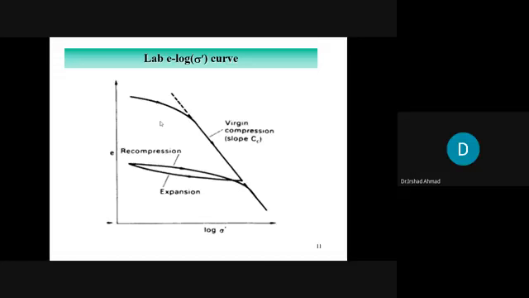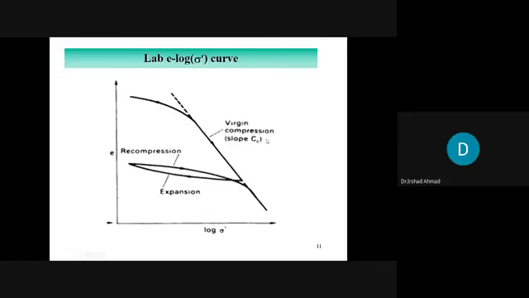The curved part we call the recompression curve, because in the past there was a maximum stress, and we are taking the soil specimen to that stress level. When we are taking the soil specimen to that previous maximum stress, we are recompressing it, and we have a curved part.